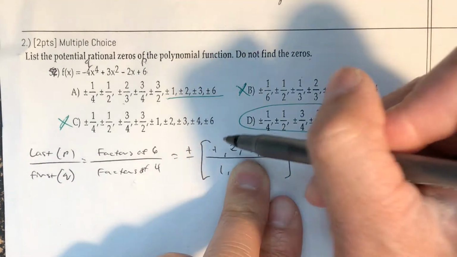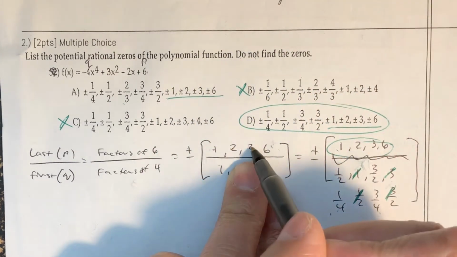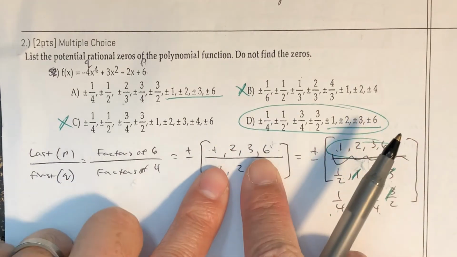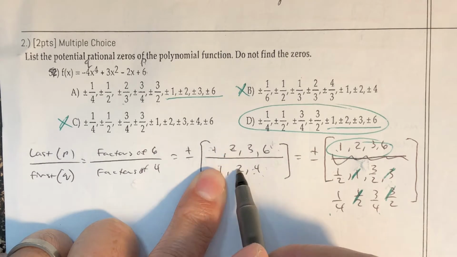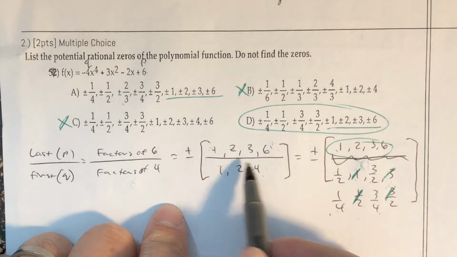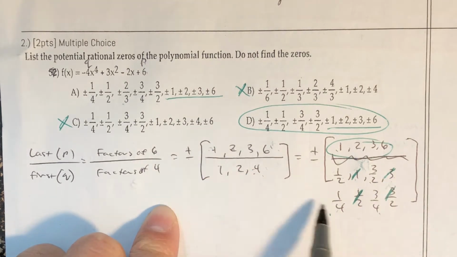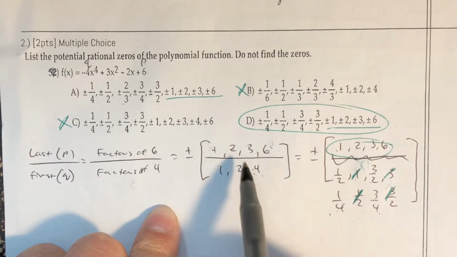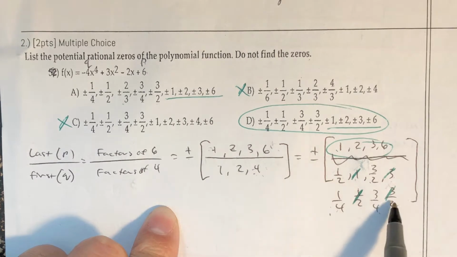Use my finger. 1 divided by 1, 2 divided by 1, 3 divided by 1, 6 divided by 1. And then we're going to do the 2, so you have 1/2, 2 divided by 2 is 1, 3 divided by 2 is 3/2, and 6 divided by 2 is 3, and then divided by 4. So 1 divided by 4 is 1/4, 2 divided by 4 is 1/2, 3 divided by 4 is 3/4, and 6 divided by 4 is 3/2.